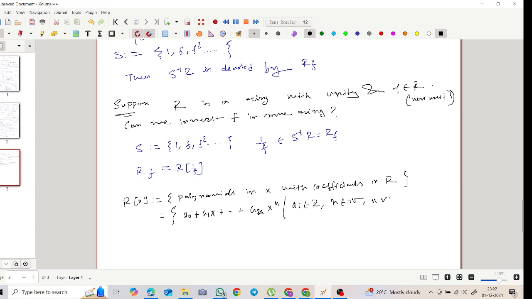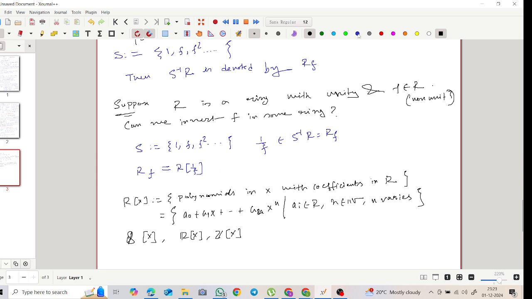I mean n varies. That is, the set of all polynomials. I think you have noted these notations, right? Q[x], the set of polynomials over Q. R[x], set of real polynomials. Z[x], you have seen these notations, I think.